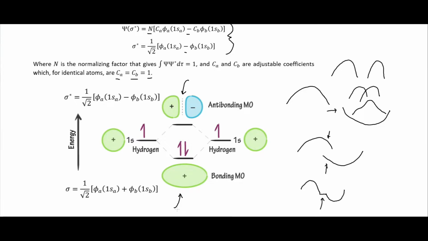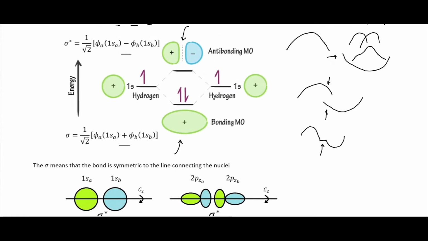And so that's why you need the two phases of these orbitals to be the same sign, because we need those to sort of constructively interfere with each other. And so that is what is going on when we are using this plus version of the linear combination, where the negative version is the antibonding molecular orbital.